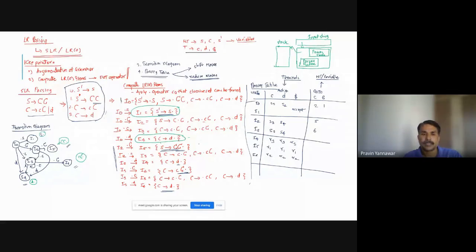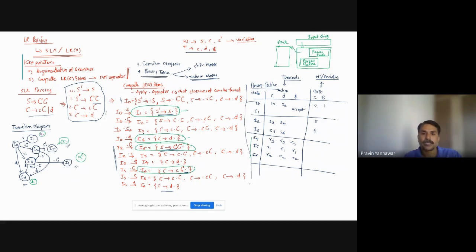And look at I6, where it is also reduced. So I4, I5, and I6.